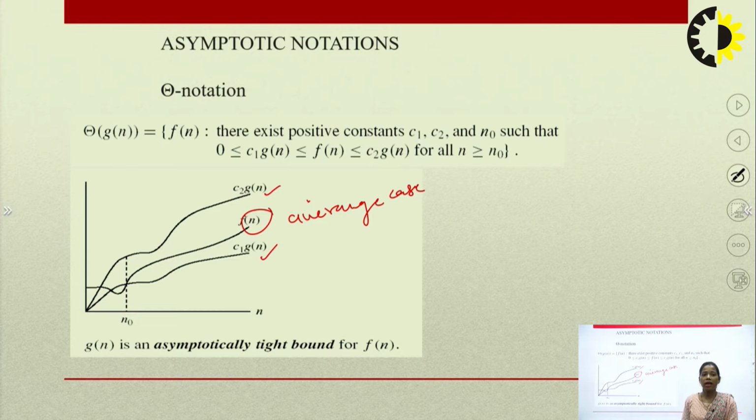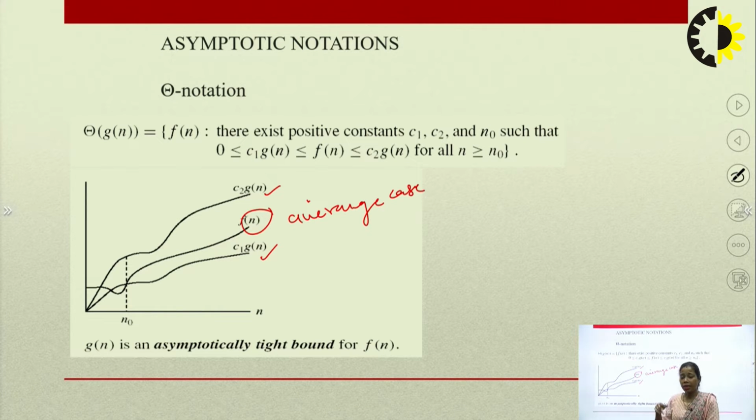Now I would like to tell you one more important thing: in big omega, big O and theta notation, we use the name big in big omega and big O notation, but we don't use the name big in theta notation. Why?